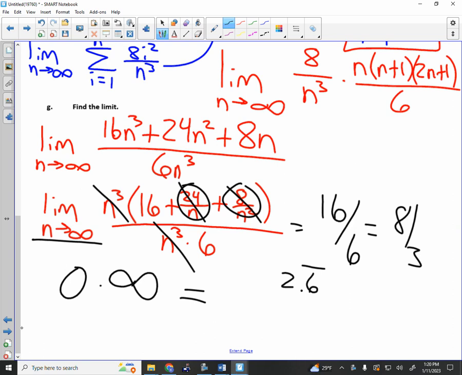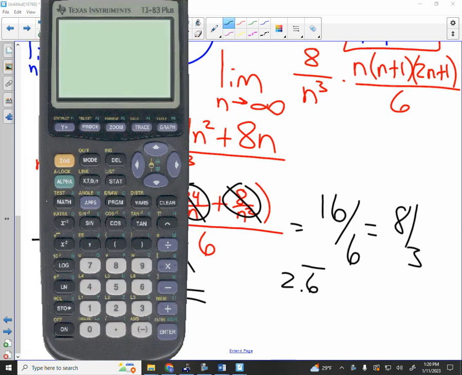Take out your calculator, and I'm going to show you something that you love. Go to y equals. So you just retype it.